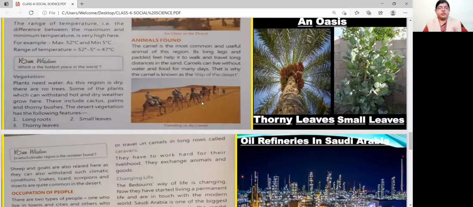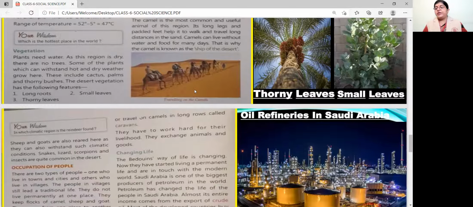And we discussed these animals also. Camel, known as the ship of the desert, its long legs and padded feet help it to walk and travel long distances in the sand. Camel can live without water for many days. That's why it's known as the ship of the desert. Sheep and goats are also reared here.